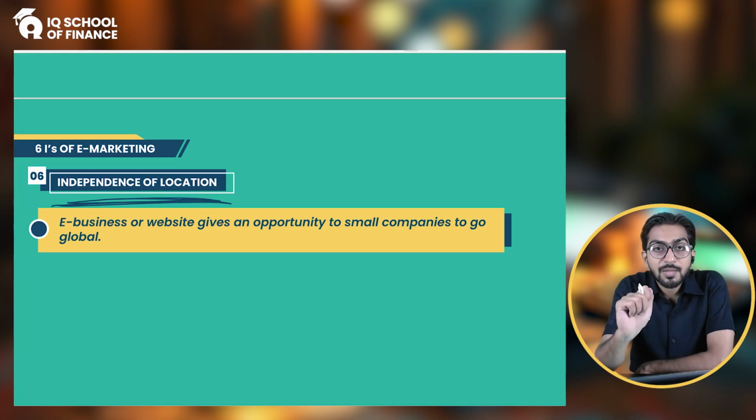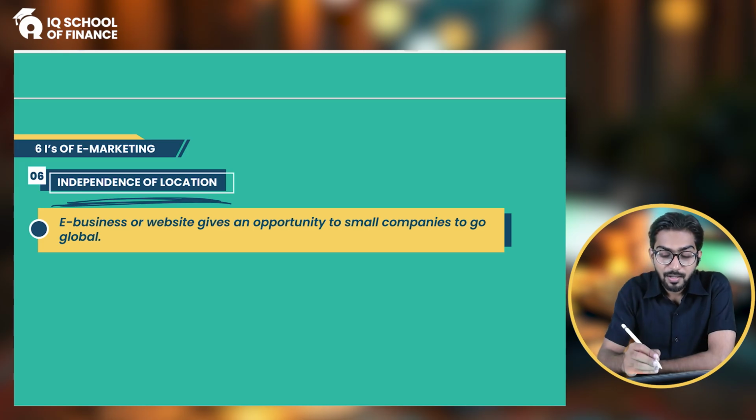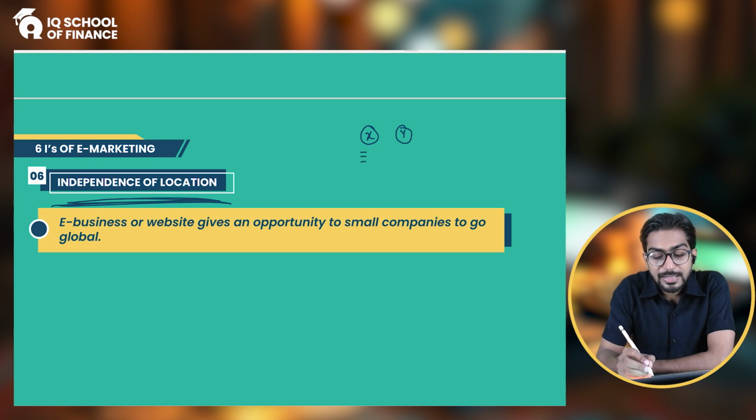But now in e-marketing, when you are selling through e-commerce or your website, you have the independence of location. And also, one angle of seeing this: for example, if there is product X and product Y on the website and the customer is looking at each of them, the customer will see their features, specifications, and prices. All right.